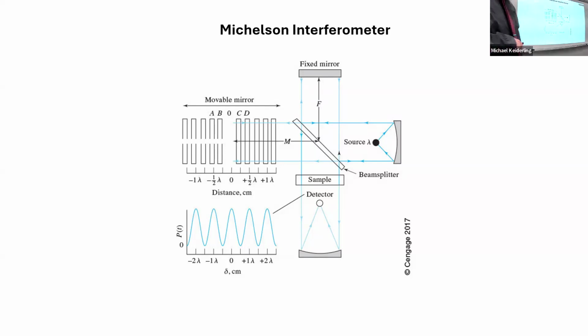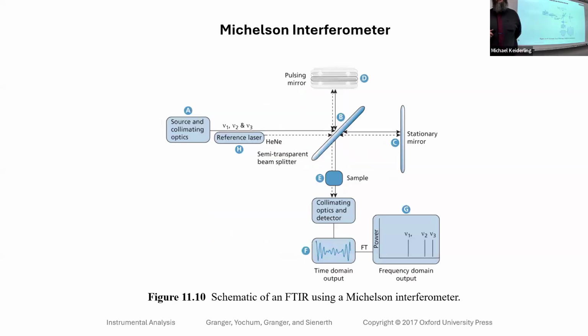As you move the mirror back and forth, that gives you basically time domain information that you can turn into frequency information. So this is a schematic of FTIR with a Michelson interferometer. You have a moving mirror, a stationary mirror. This light then goes through the sample, and then you have the optics and the detector.